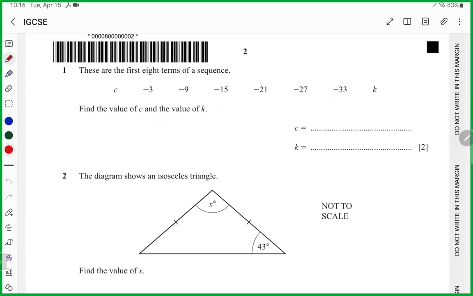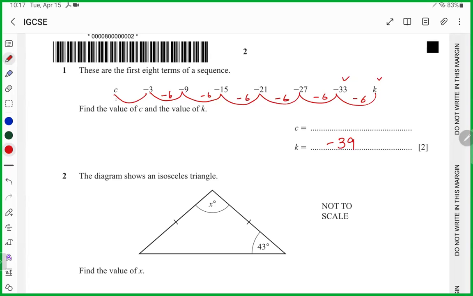So if you see here, this is an arithmetic sequence and the common difference is minus 6. So it's minus 6, minus 6, minus 6, minus 6, minus 6 and minus 6. So k is going to be minus 33 minus 6, which is minus 39, right?